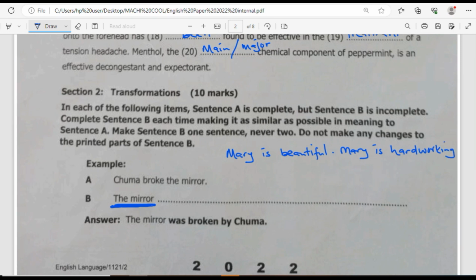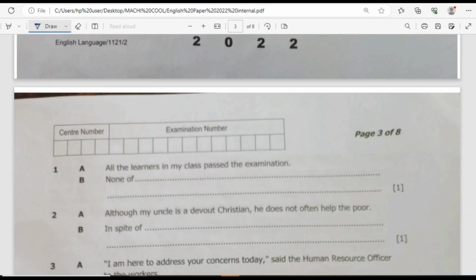So these are two sentences. Now what are you supposed to do? You have to make one sentence. The first part has been done on your behalf, and what you have to do is just complete the sentence, like the example which has been given: The mirror was broken by Chuma. So Chuma broke the mirror. The mirror was broken by Chuma. So let us move to the questions that we are supposed to answer.